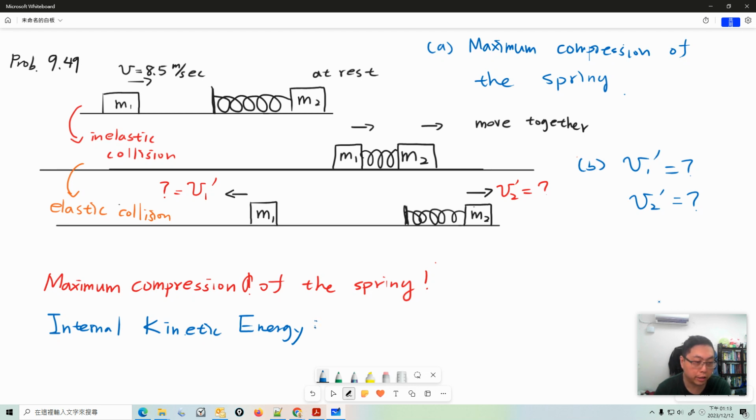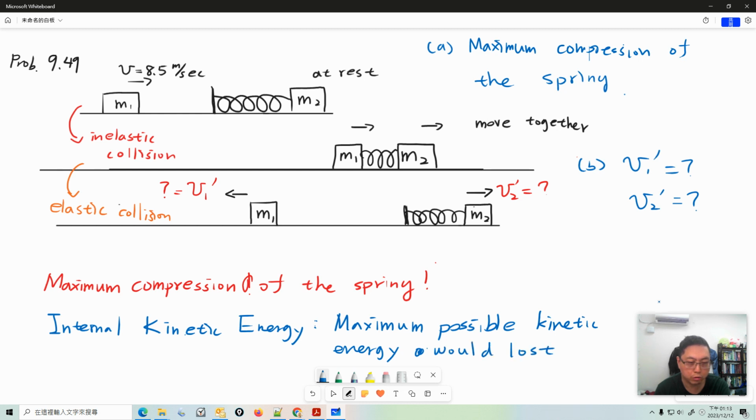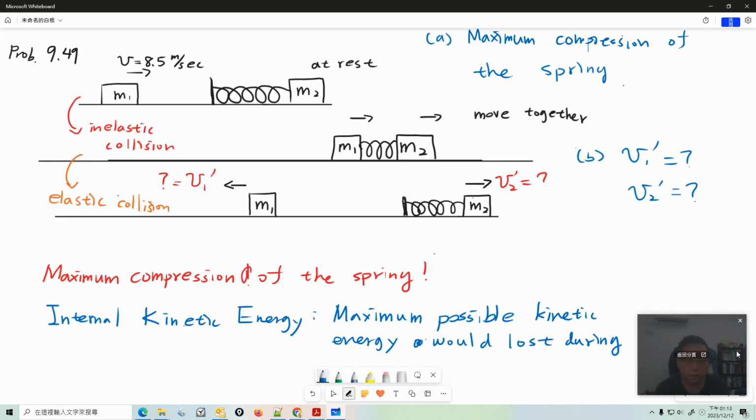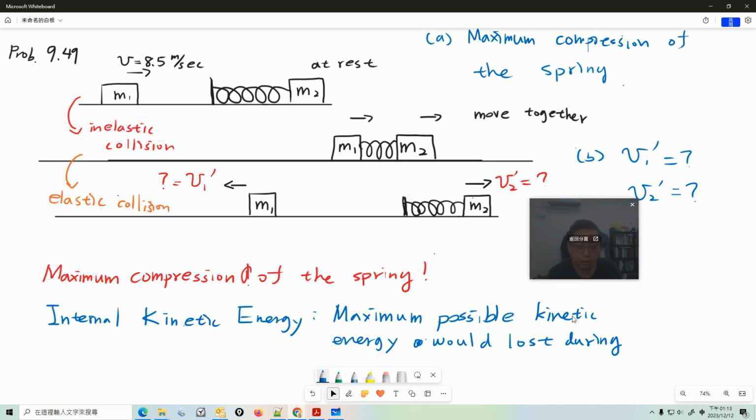Internal kinetic energy is the maximum possible kinetic energy you would lose during the inelastic collision.